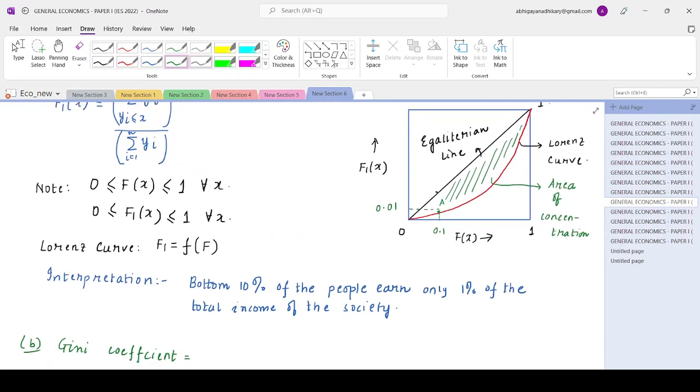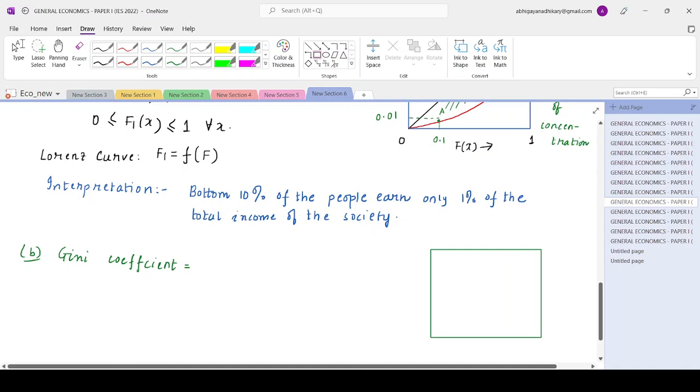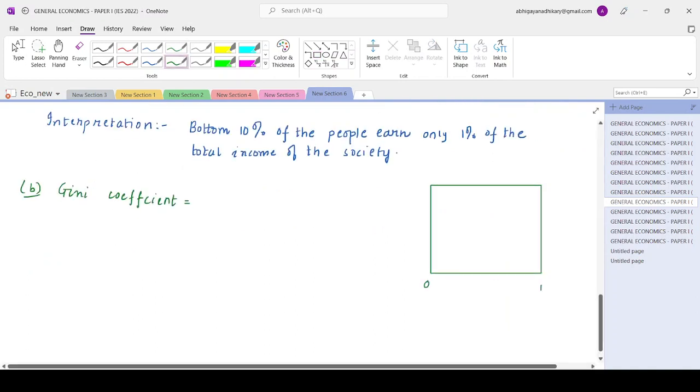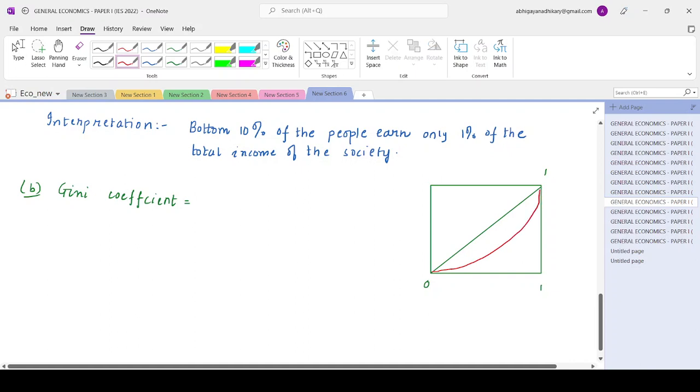Now observe one thing. Let me draw it over here, and not disturb that diagram. This is my square, with the same vertices and same edge width, and then we extend it from this point to this point. So this can be the Lorenz curve of a society, and the farther away the Lorenz curve goes, the more is the degree of inequality.